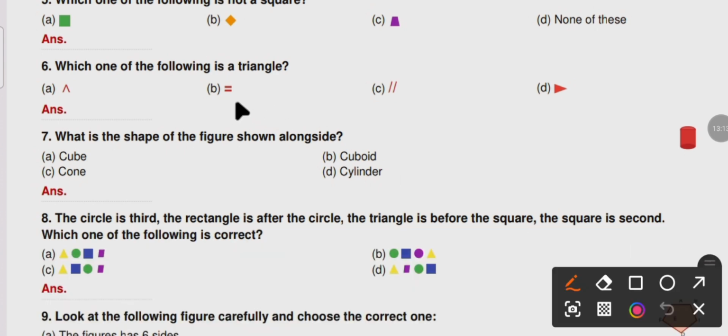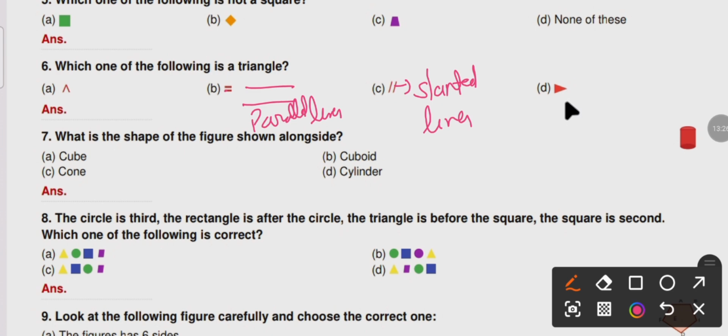Yes, these are the parallel lines, and these are slanted lines. And this is triangle. Let me make it in this way. This is triangle that it has three sides, 1 2 3, three sides and three corners. So right option is D option.